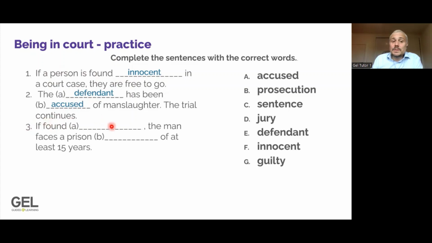If found the man faces a prison of at least 15 years. Look at question 3a. Which word can complete space 3a? Look at the next question and choose the correct letter.